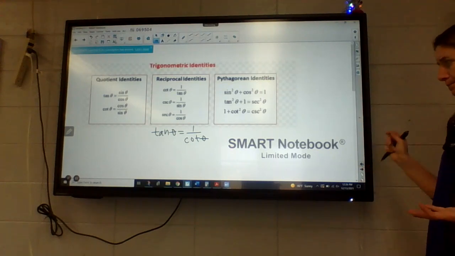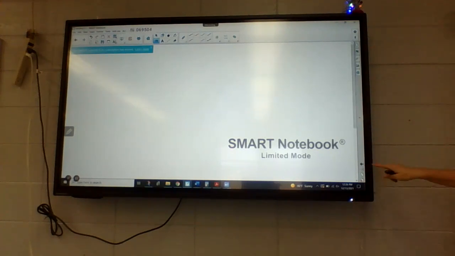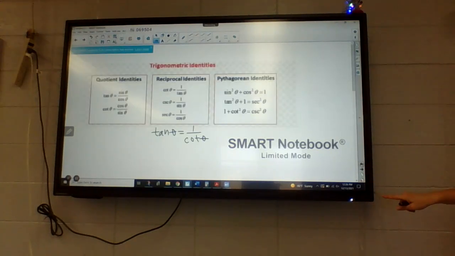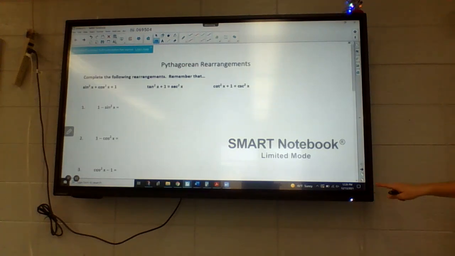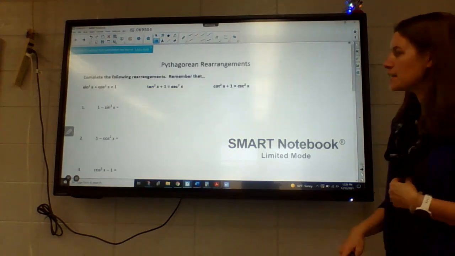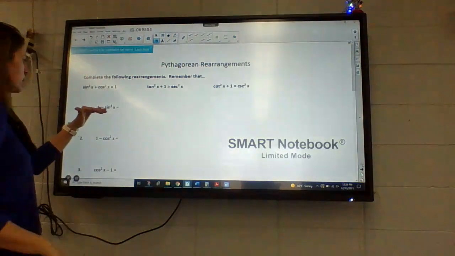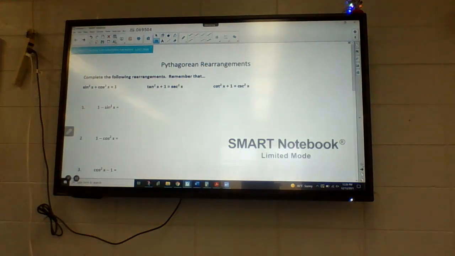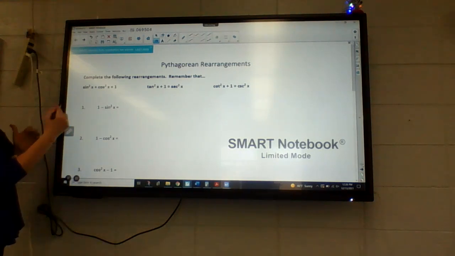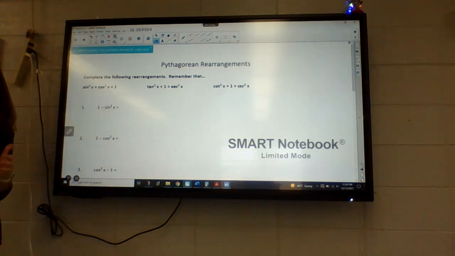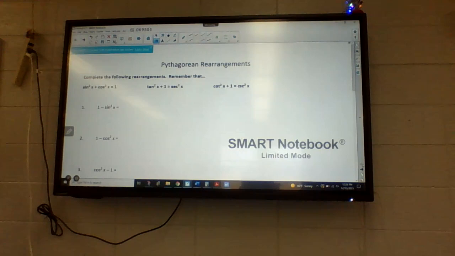What you might see in a problem is something like 1 minus sine squared of x. If you flip the page over, this might show up in a problem. What we're doing today is simplifying these problems or rewriting them in another way.